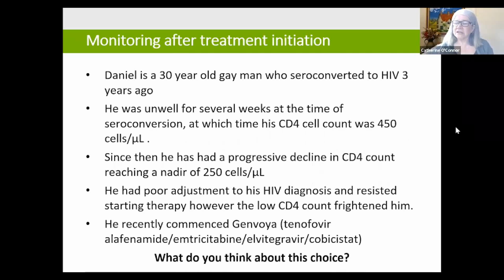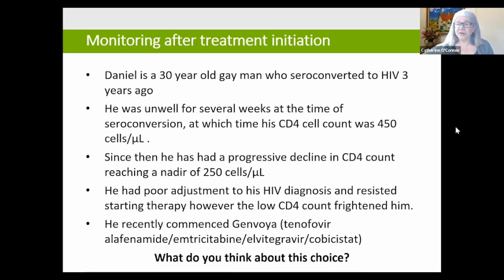Since then, it's made a progressive decline to a CD4 of 250. He made a very poor adjustment to his HIV diagnosis and resisted starting therapy. However, now his CD4 count has frightened him, and he has recently started on Genvoya.